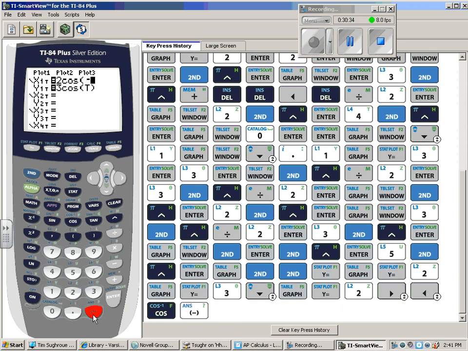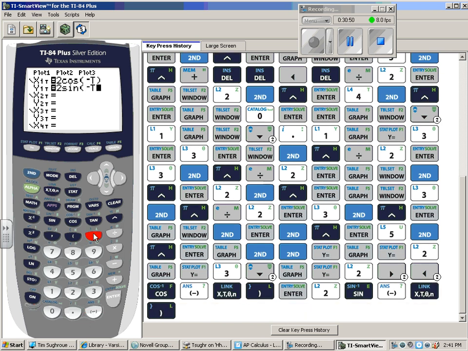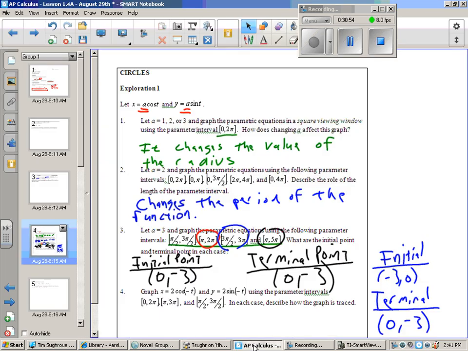You can see the buttons become red as I hit them. And then we're going to go enter. We're going to go to sine of negative t. Close it. Just going to go back and check to make sure that's what they wanted. Yes. 2 cosine of negative t, 2 sine of negative t.